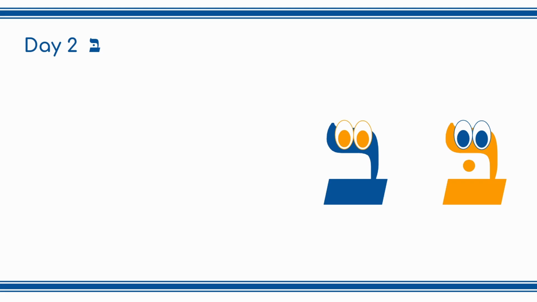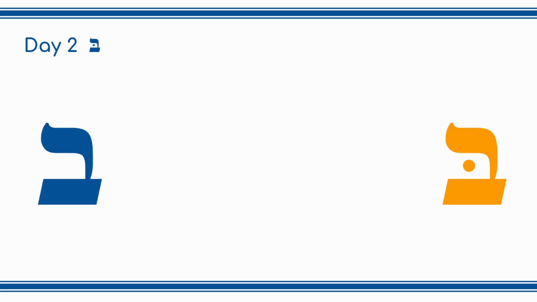So in order to understand how this works, we're going to take a look at the letter C in the English word circle. At the beginning of the word, it makes an S sound, sir. And then in the middle of the word, it makes a K sound.